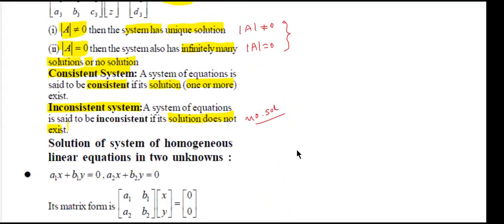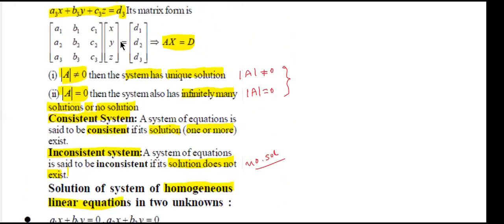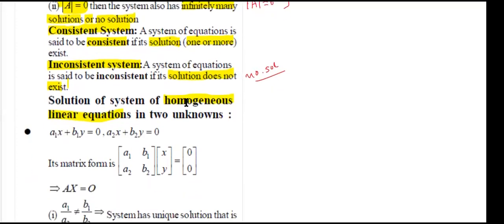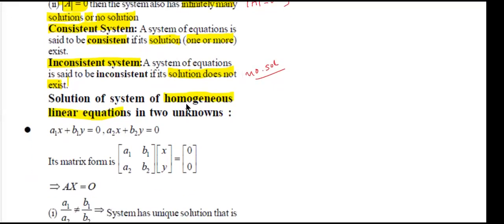Now I am going to discuss homogeneous linear equations. What is the difference between homogeneous and non-homogeneous? You know that: if the constant elements are 0, that is homogeneous, otherwise non-homogeneous. Here, students, we are taking only two unknowns, that means two variables. Observe these homogeneous equations.